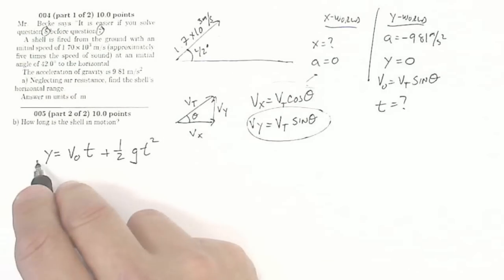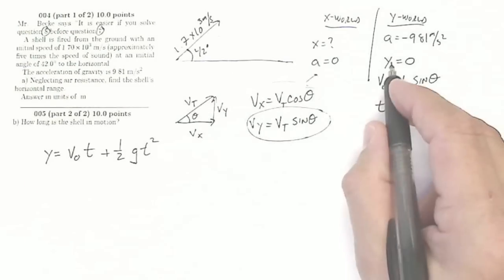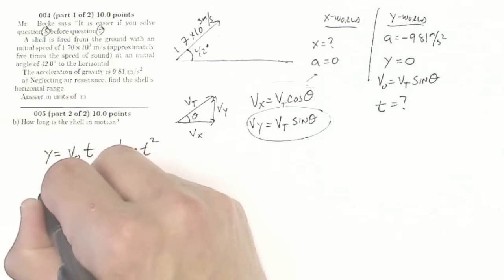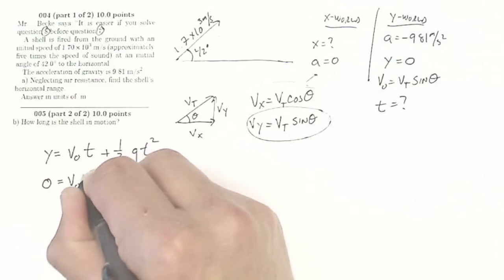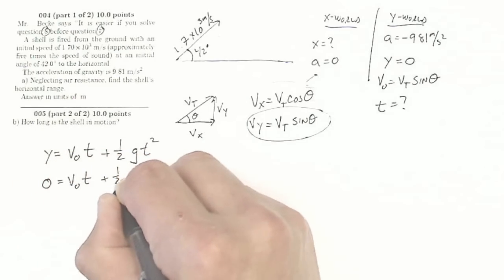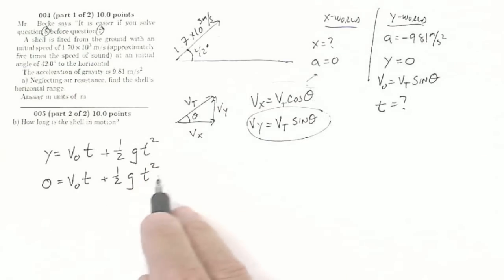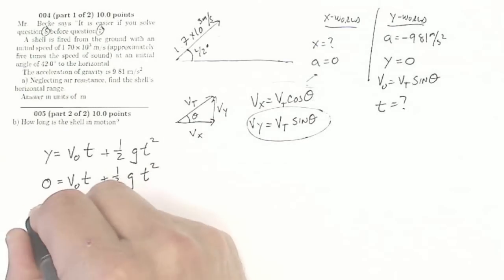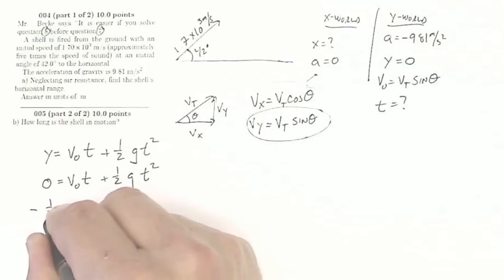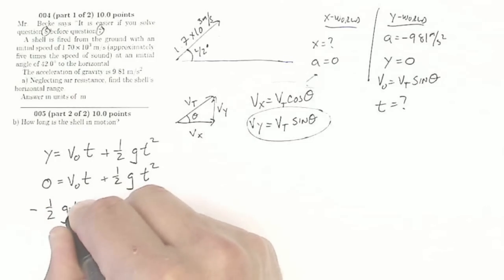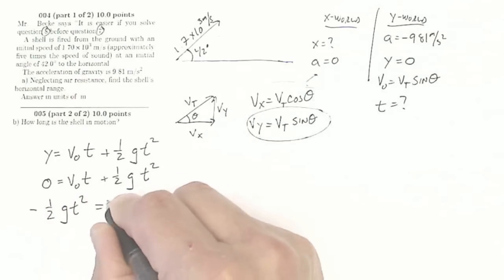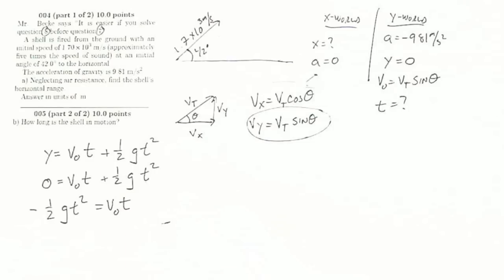But wait a second, if I know that my displacement is 0, that's going to help me out. So if I have 0 is my initial velocity times time plus 1/2 my acceleration times time squared, and I subtract this from both sides, I'm going to get negative 1/2 gt squared equals v0t.